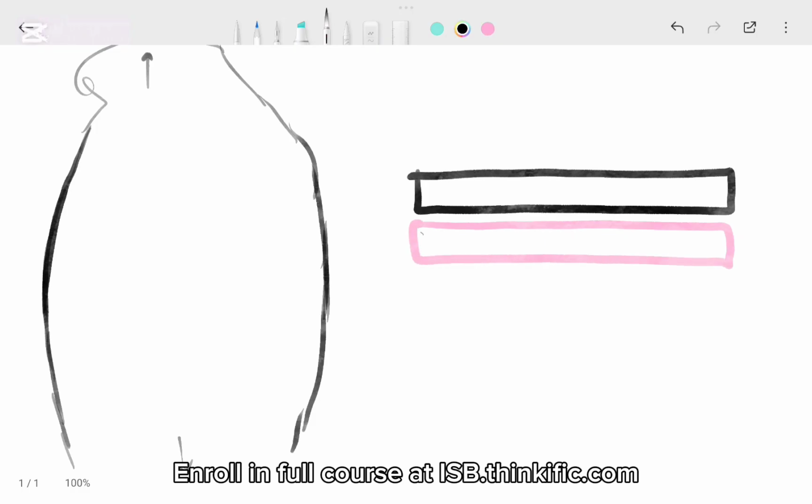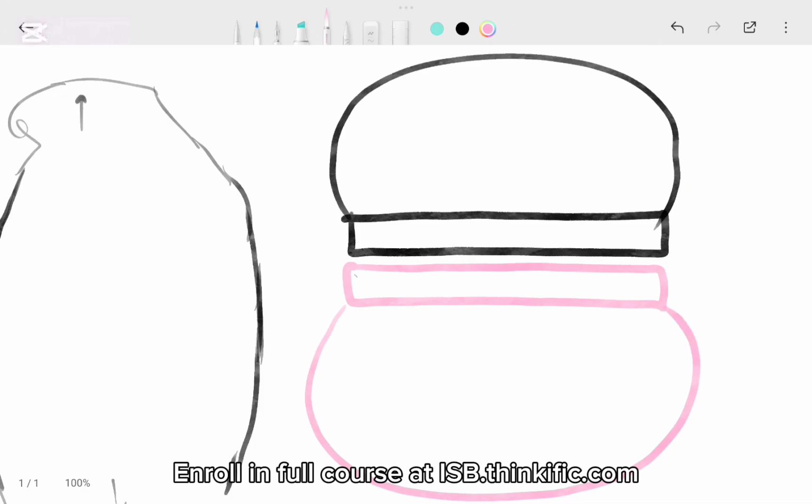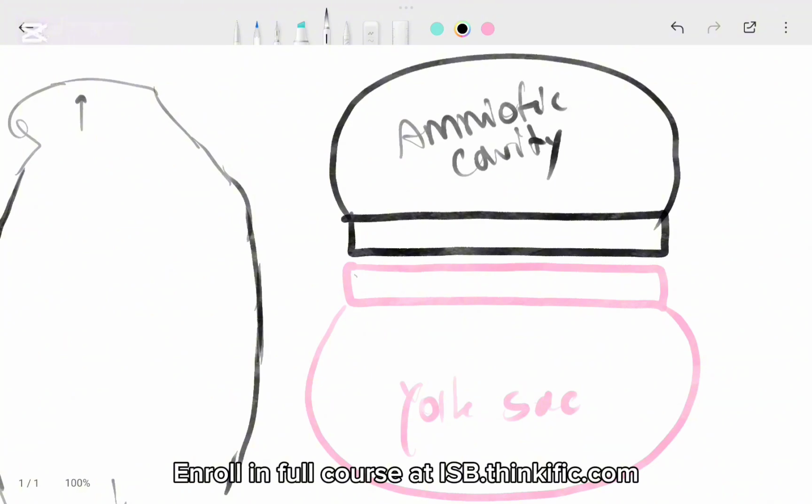The layer, of course, there's a layer on top and a layer below. And there is a cavity on top and there's a cavity below. Okay, the cavity below is called yolk sac. And the cavity above is called amniotic cavity. The layer which faces the amniotic cavity, this one, is called epiblast.